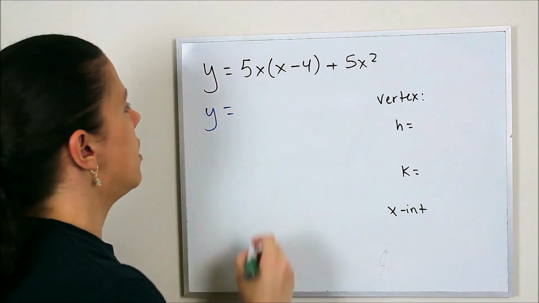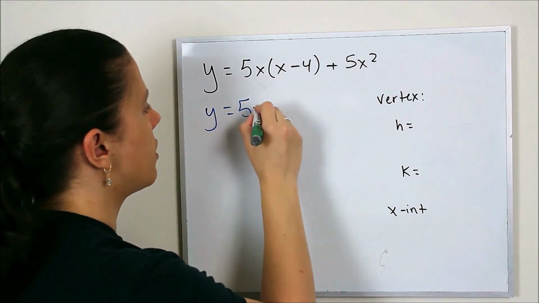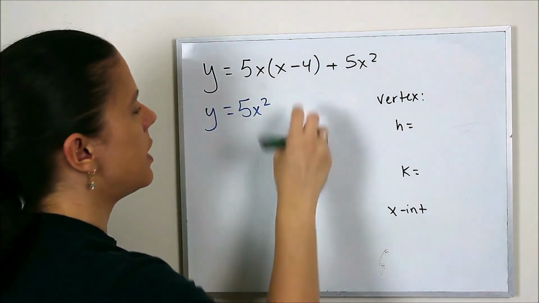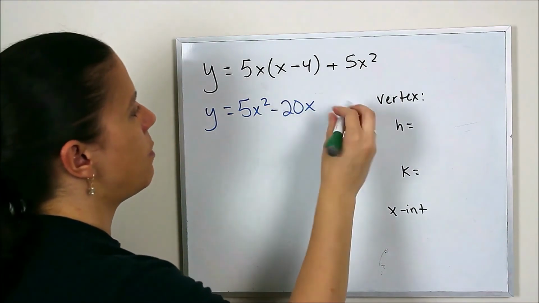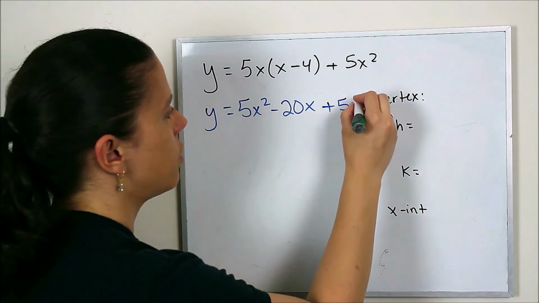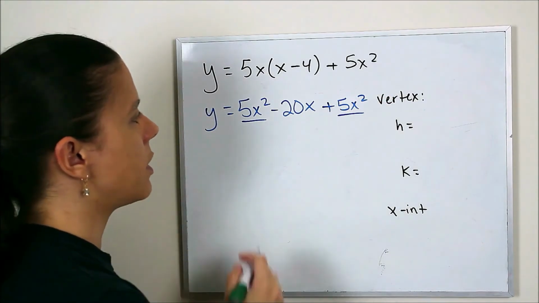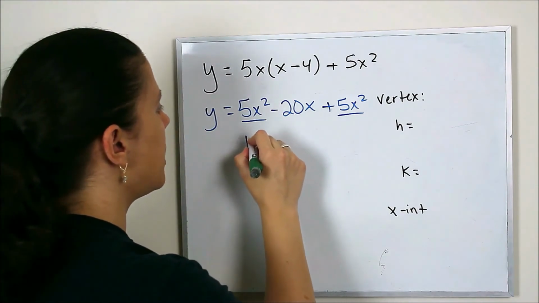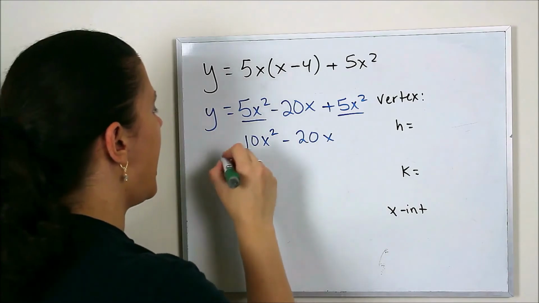Let's FOIL right here. We know that 5x times x is going to be 5x squared, and 5x times negative 4 is going to be minus 20x, and plus 5x squared. We right away notice that we have two like terms, 5x squared and 5x squared. So that's going to be 10x squared minus 20x.